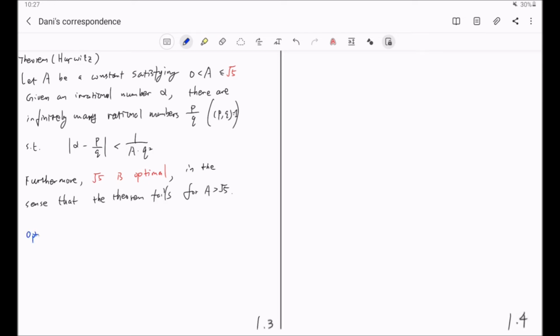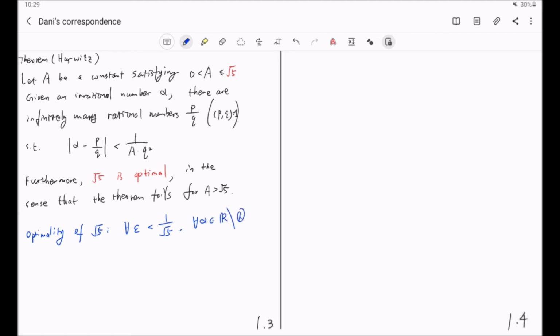By this we mean for any epsilon less than 1 over square root of 5, this property fails. Namely, the absolute value of alpha minus p over q is no longer less than epsilon times 1 over q squared for infinitely many rational numbers p over q.